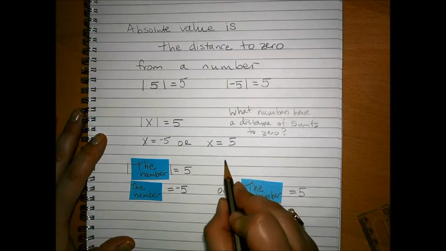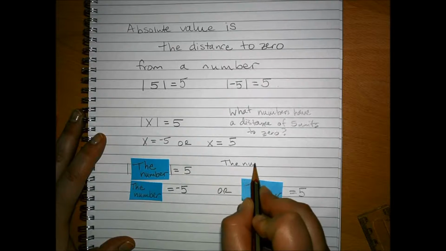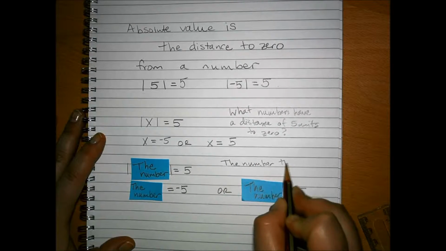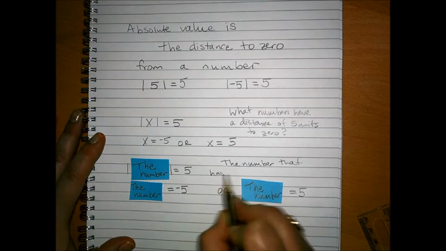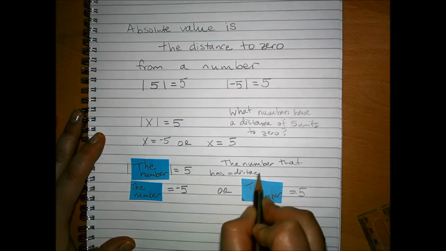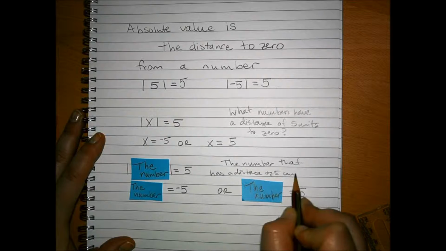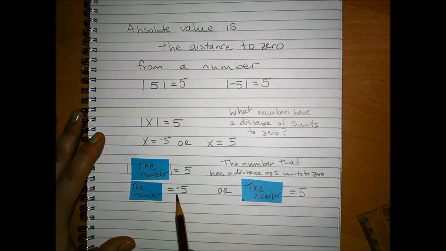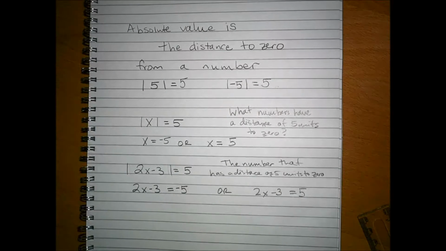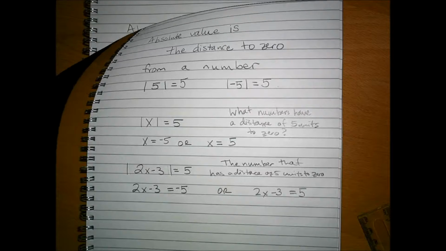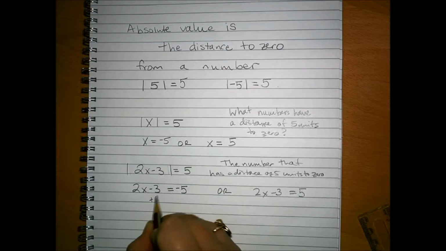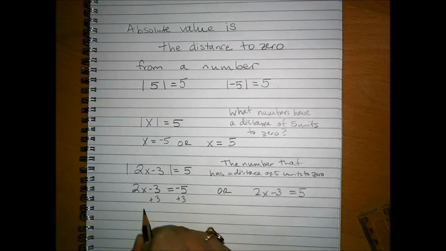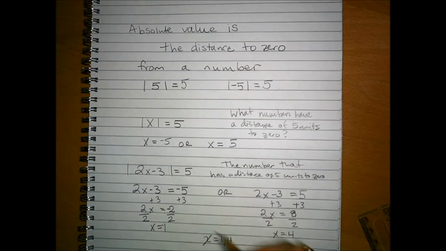Again, the statement would be, the number that has a distance of 5 units to 0 is -5 or 5. You can continue solving it. Now that we have two equations, we can just solve as usual. x is going to be equal to -1, or x is going to be equal to 4.